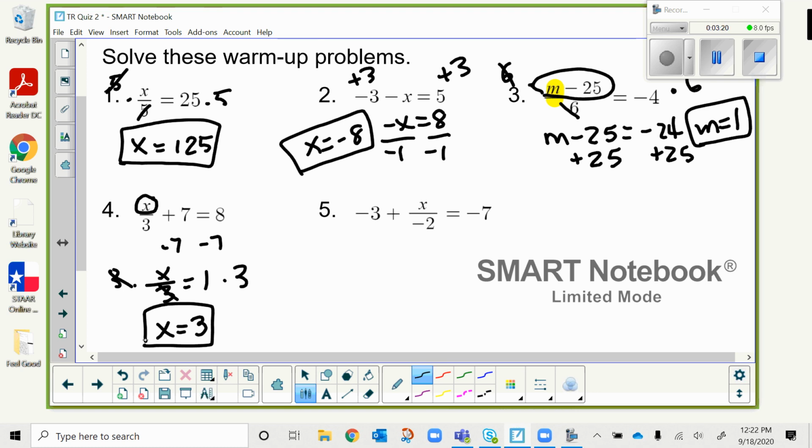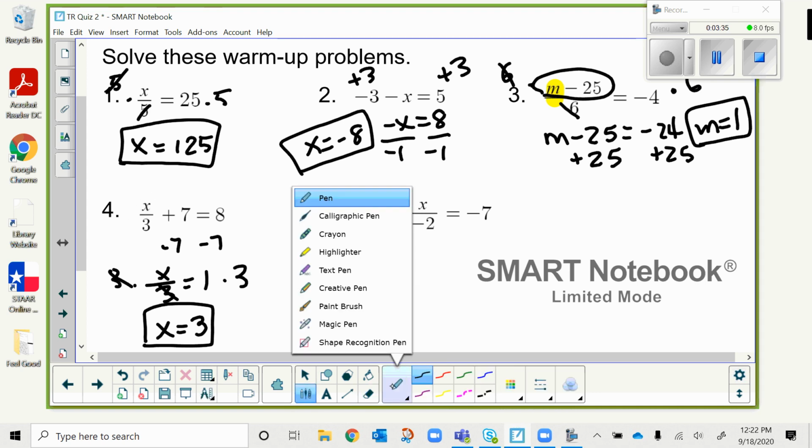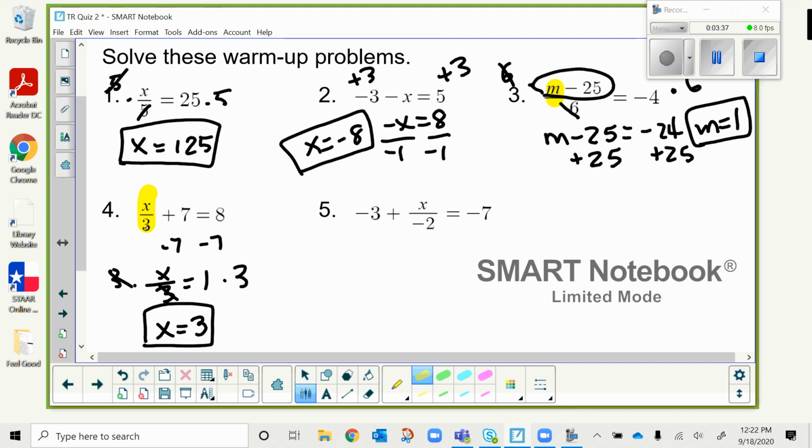And then on 5, it really is just like number 4, even though it looks different. And here's why. In number 4, we had this fraction here, x over 3, and we have the same thing here.